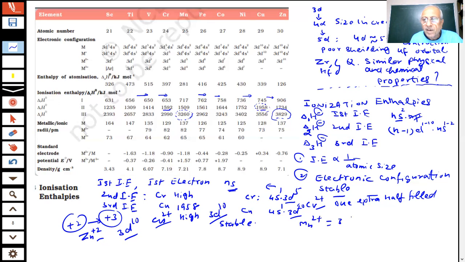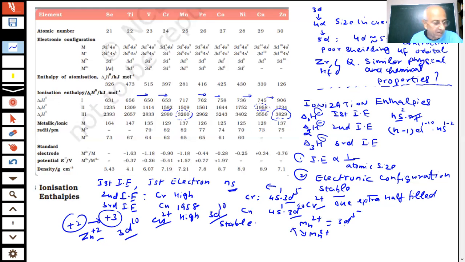3d5. So it will be higher energy that will be required to go from manganese 2 plus to manganese 3 plus, so you will need very high energy. Or it may like to go from manganese 3 plus to manganese 2 plus because it becomes extra stable.